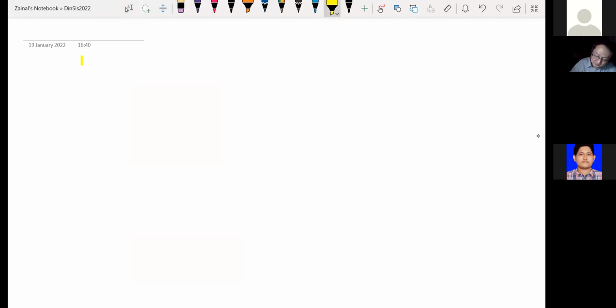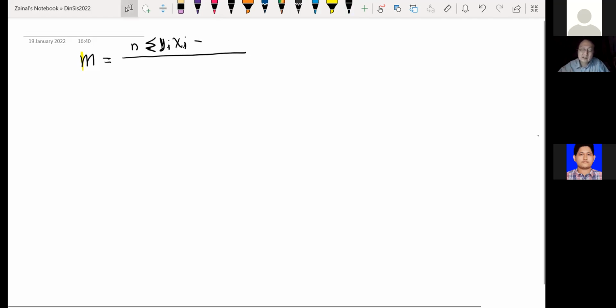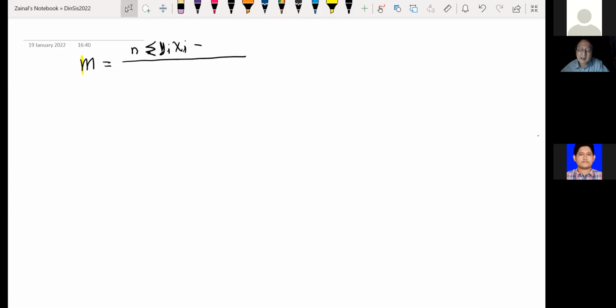M itu sama dengan N sigma yi xi, right, minus sigma yi xi.